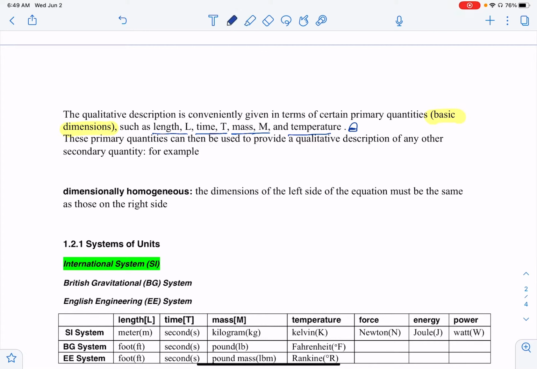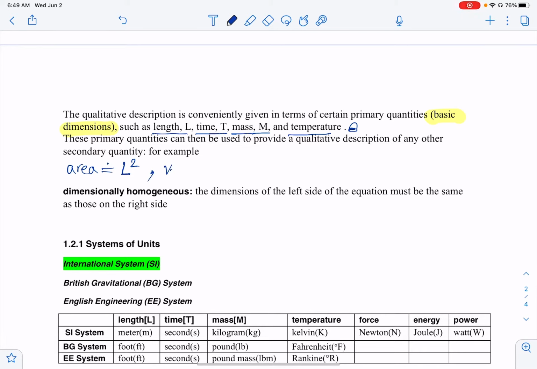This is how it happens. We know that area has units of L squared, which has two basic dimensions.